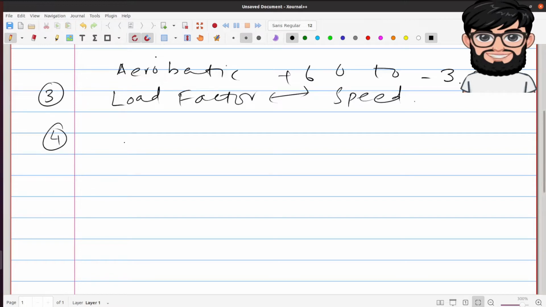Then we're going to be talking about maneuvering speed. Basically, it is the speed, right? It is the maximum speed at which the limit load can be imposed without causing structural damage.